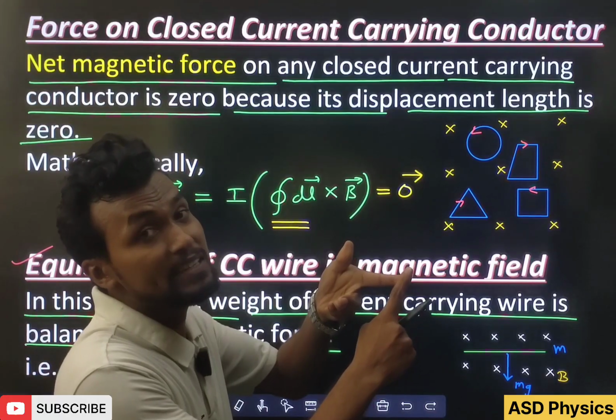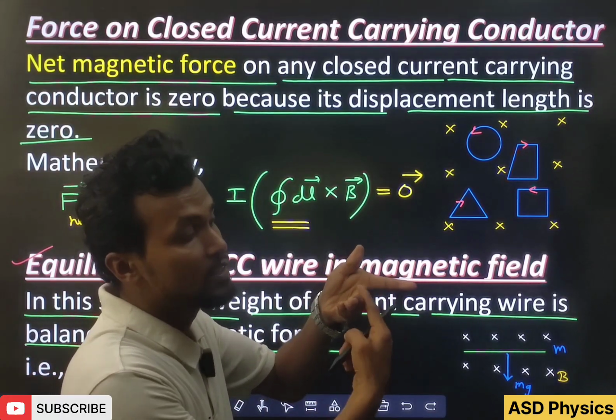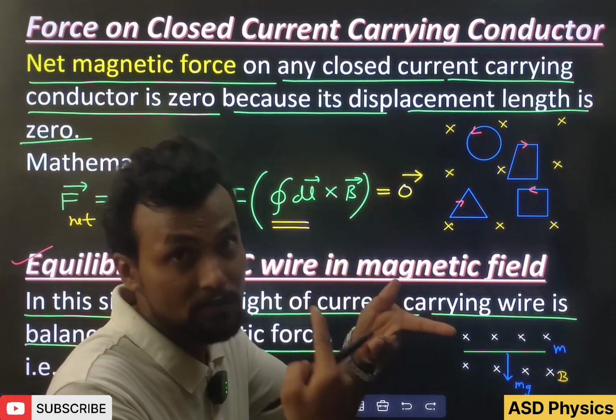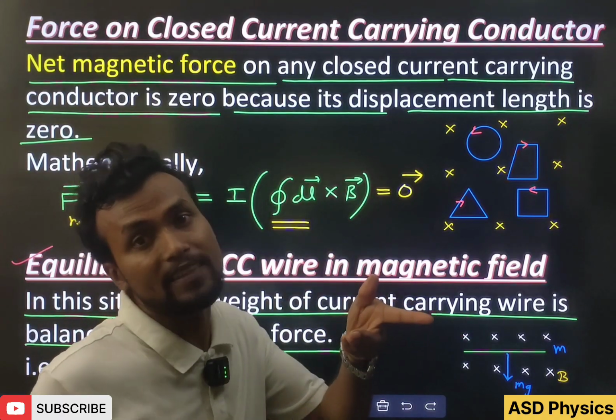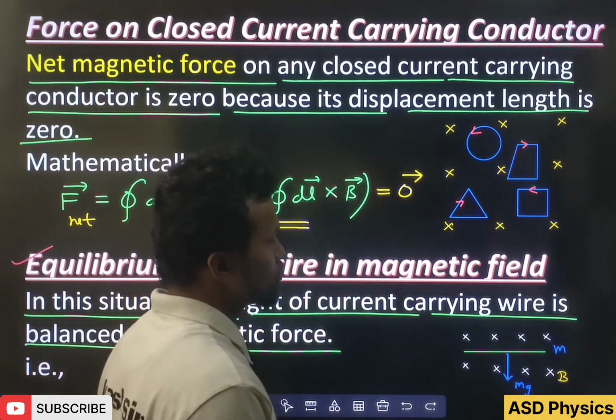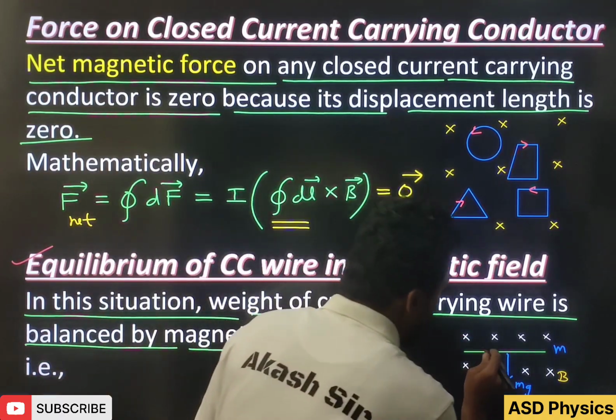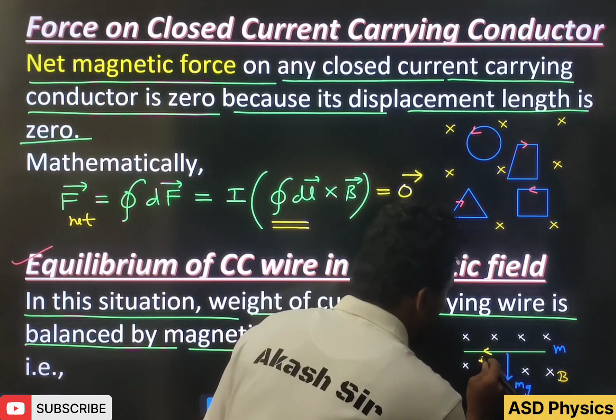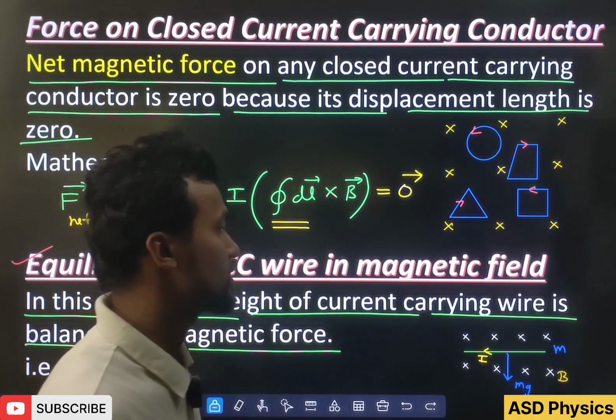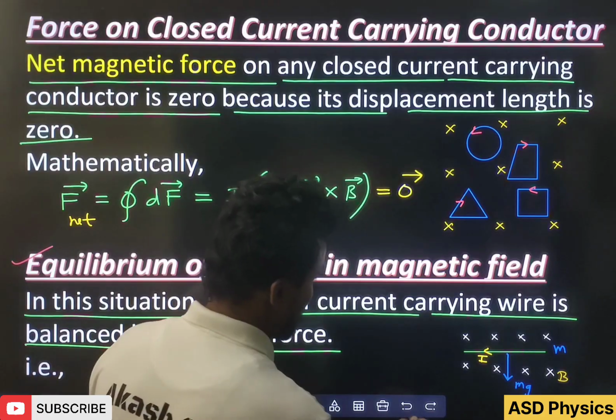The four finger indicates the direction of the magnetic field, the central finger indicates the direction of the current element, and the thumb indicates the direction of the force. Remember that. So here I will apply the current, I will make the current flow in this direction.